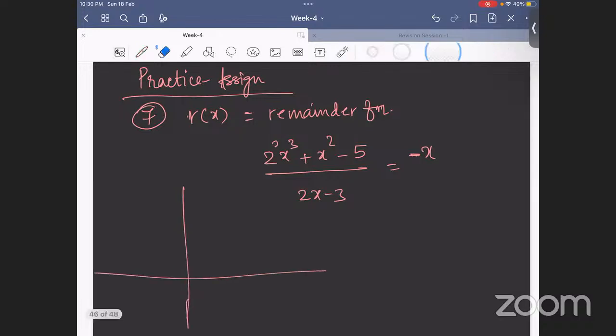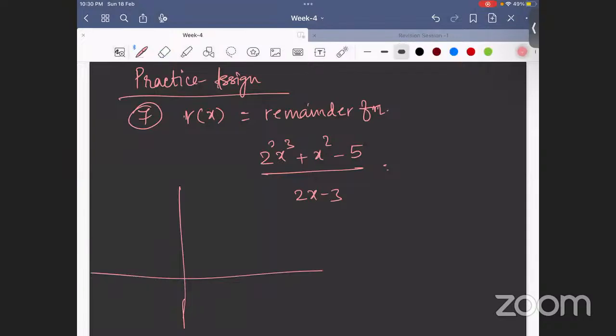Okay, even though you got plus x, how will you represent the plus x? Plus x cannot be the remainder, right, sir? It cannot be the remainder because that is the same degree as the denominator. Okay, first let's divide it, then we'll get an idea about that.